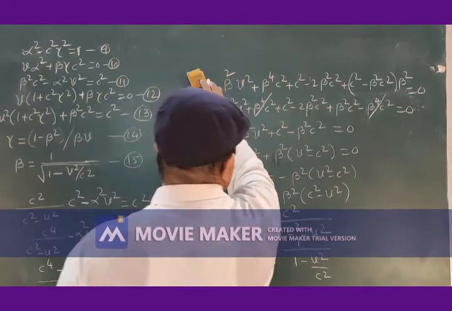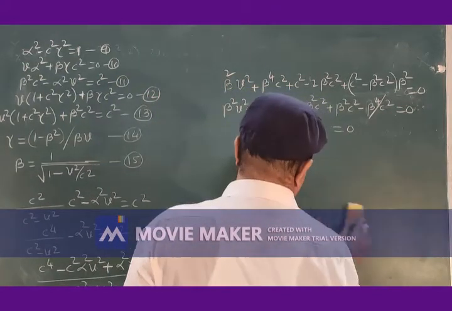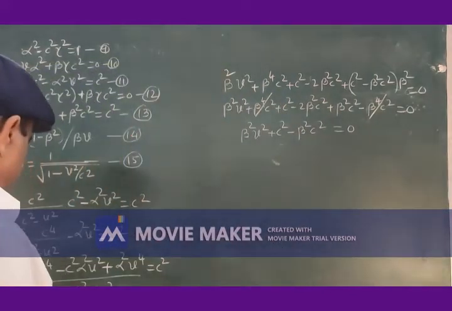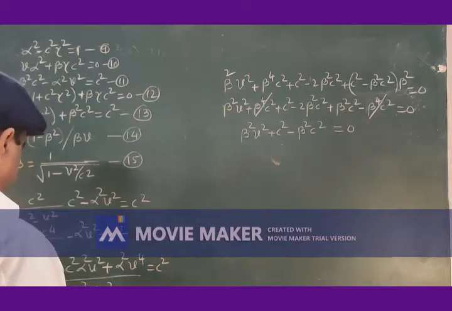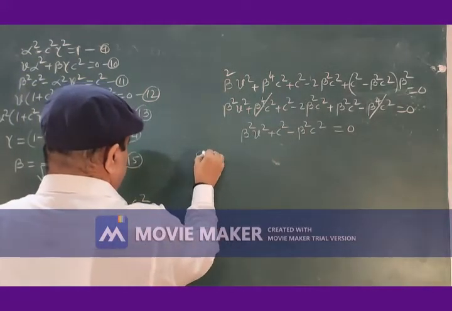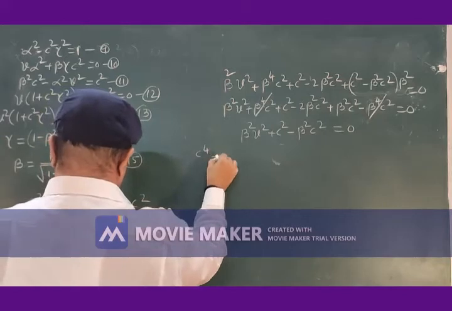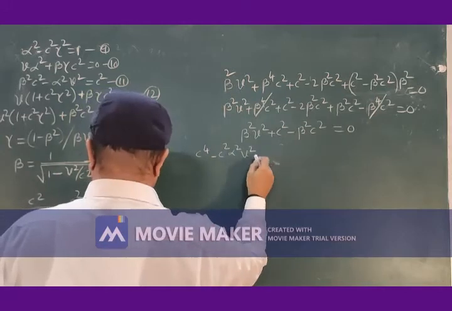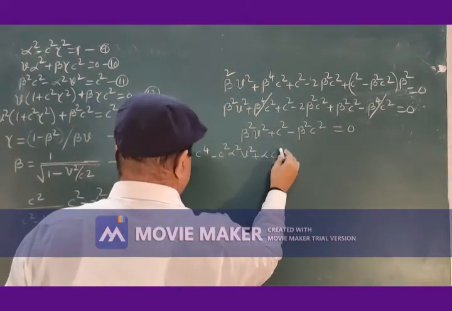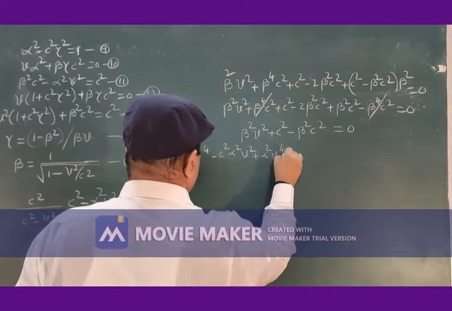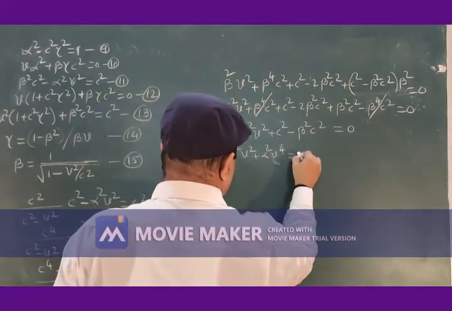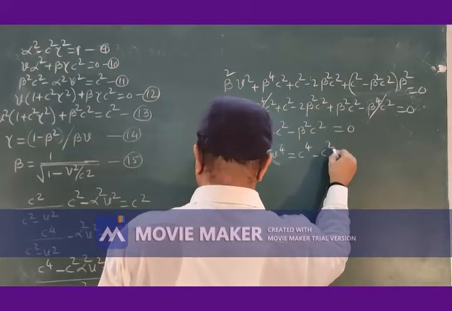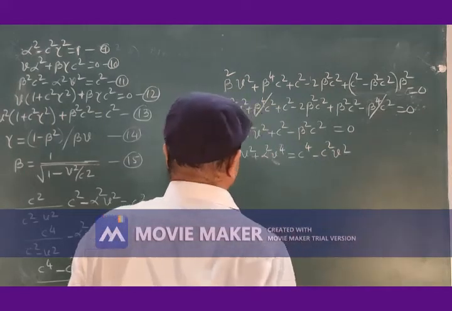This is for the c to the power 4 minus c square alpha square v square plus alpha square v to the power 4 is equal to c to the power 4 minus c square v square.